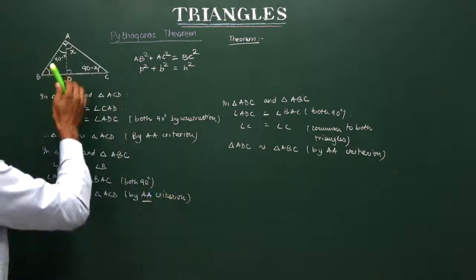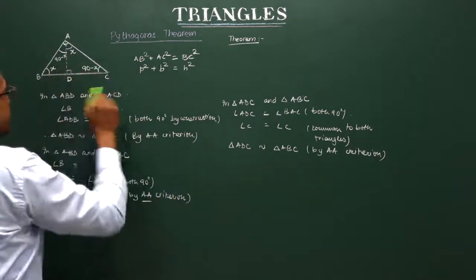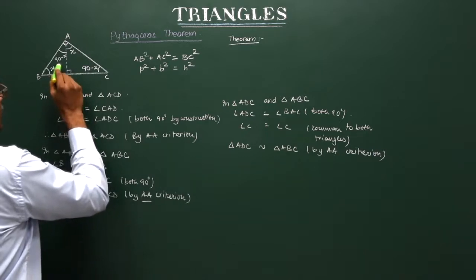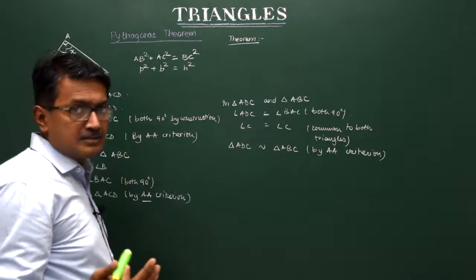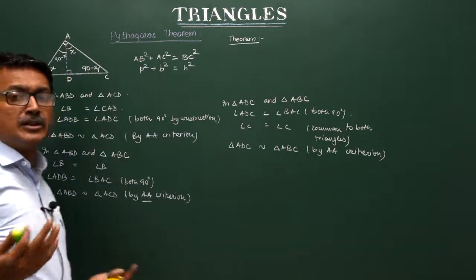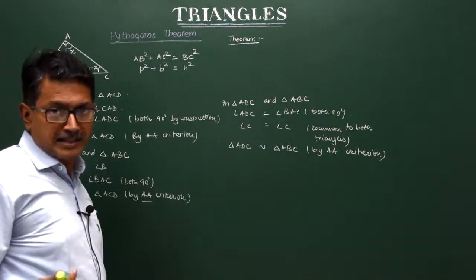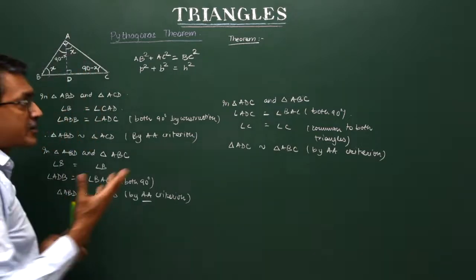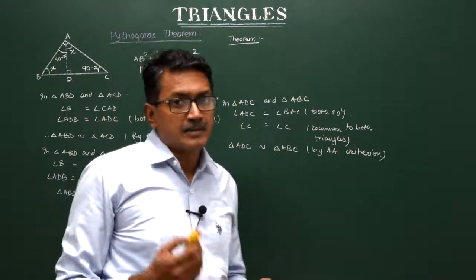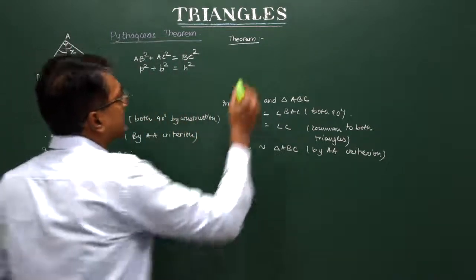So whenever that happens, then all these three triangles, the original bigger one and the two smaller ones, are similar to each other taken two at a time, right? So what should the theorem be?